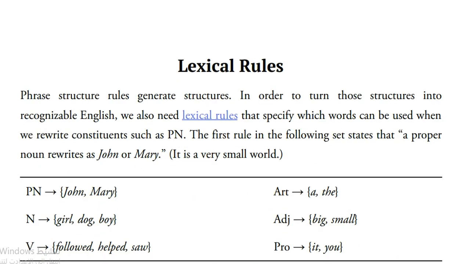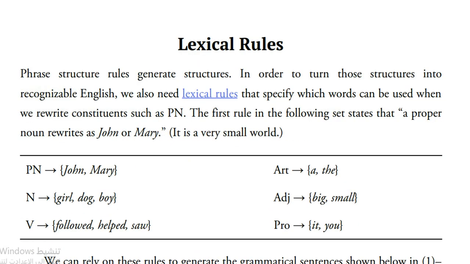Later we discussed lexical rules. The lexical rules sometimes contain something related to ambiguity, and we will discuss it after a while in this class. Lexical is related to meaning, lexical from the dictionary.